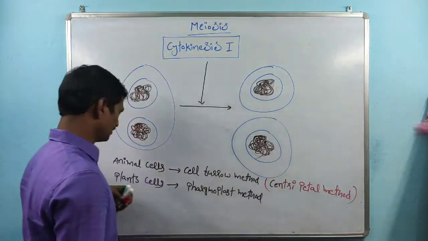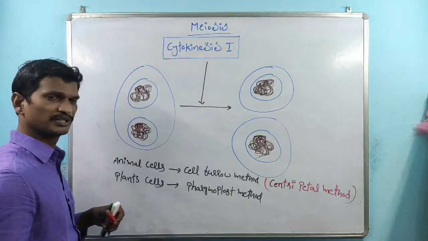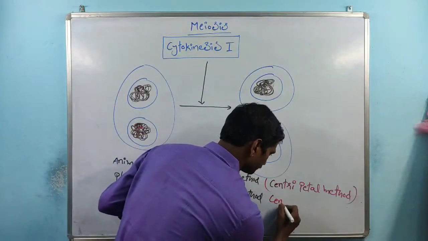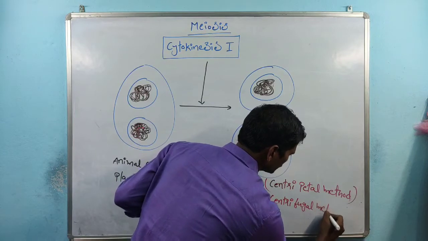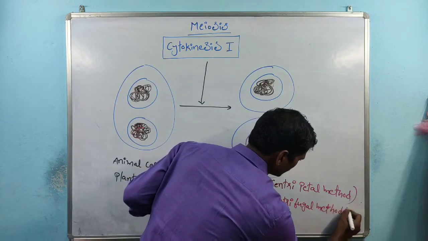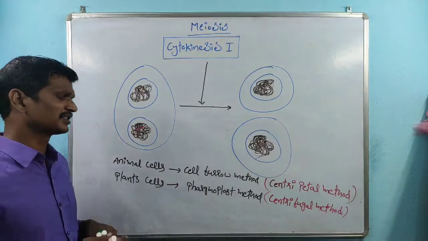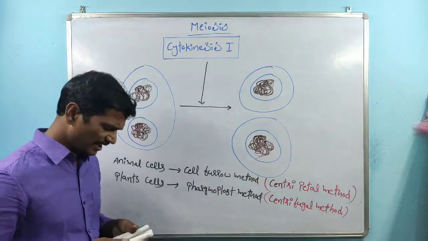And remember, in plant cells, the phragmoplast method is also called the centrifugal method. So these are the other names for cytokinesis in plant cells and animal cells.